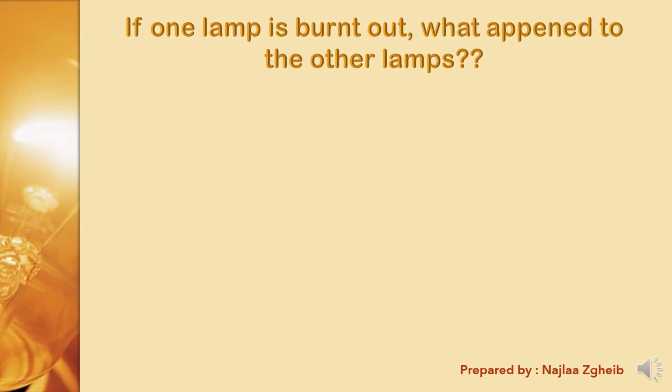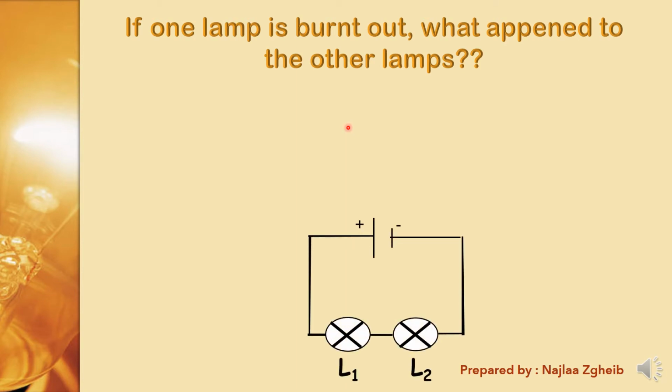If one lamp is burnt out, what happens to the other lamp? If L1 is burnt out, L2 stops glowing. Why?